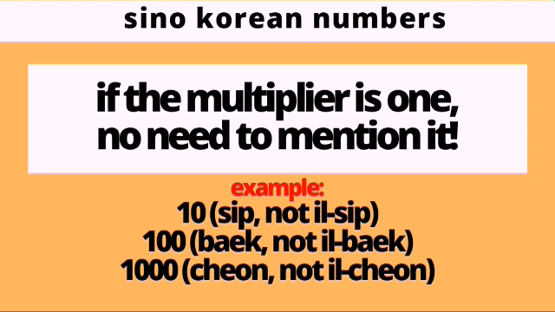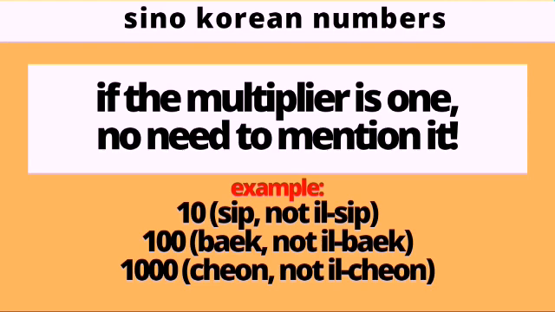Il is 1 and ship is 10, so that's one set of 10. But as mentioned, if the multiplier is just 1, then there's no need to mention it. So instead of il ship, we'll be saying ship. The same goes for 100. It should be bek instead of il bek. And lastly, for 1,000, it should be chon, not il chon.